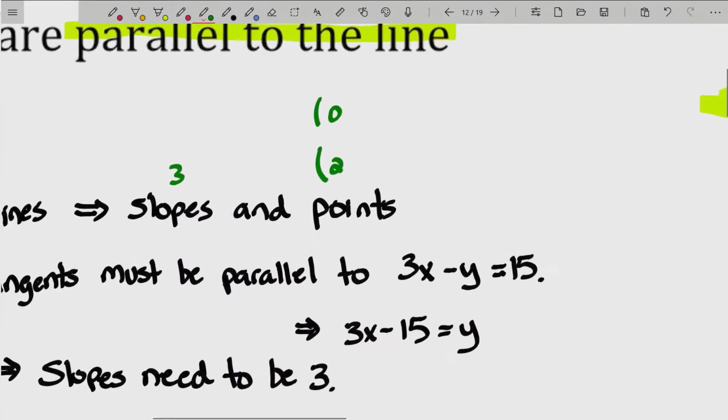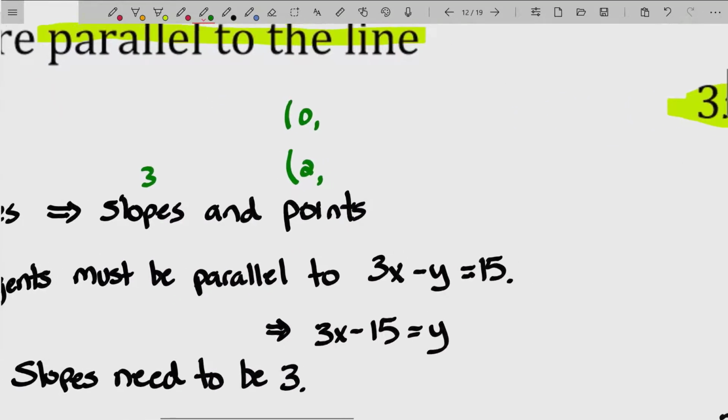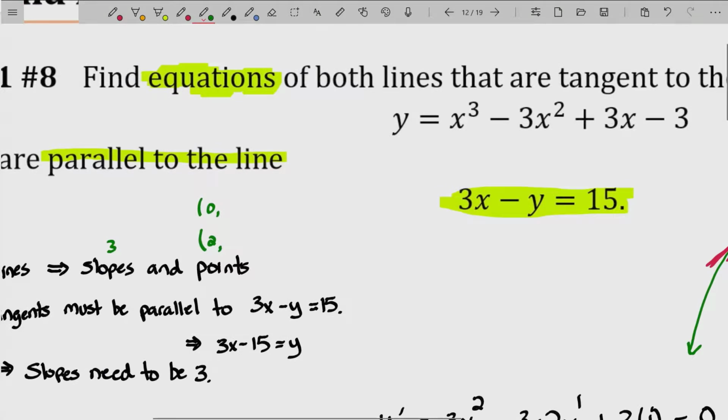Yes, 0 and 2. To find their respective y values, go back to the original polynomial and plug those in. If you plug in 0 for x, you'll get a y value of negative 3. If you plug 2 in for x, you'll get 8 minus 12, which is negative 4, plus 6, which is 2, minus 3, which is negative 1.